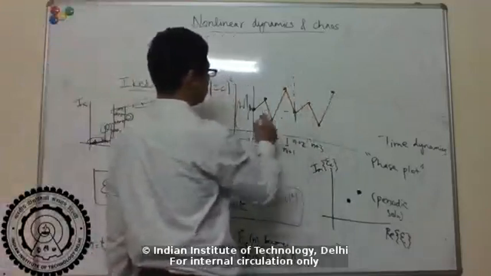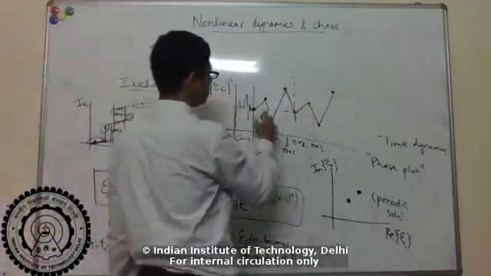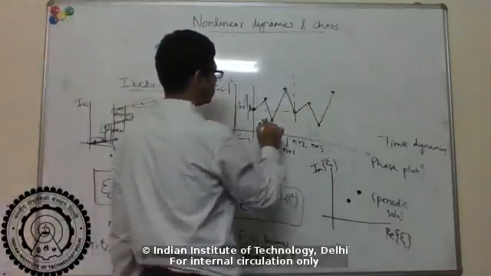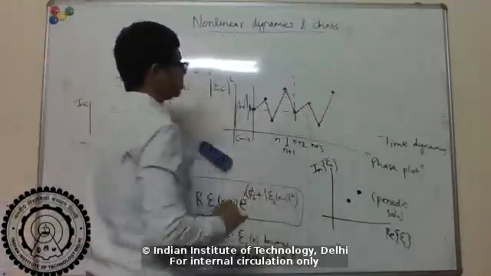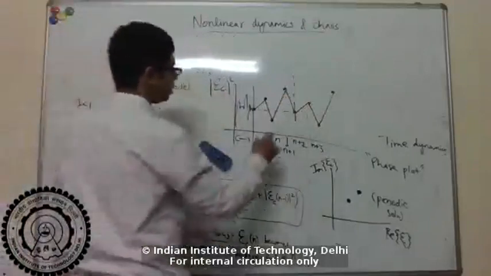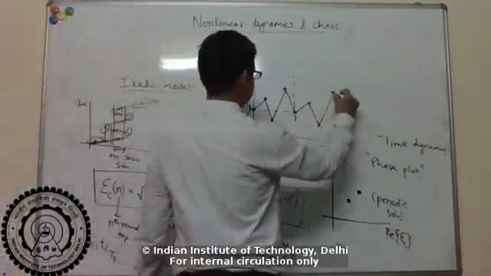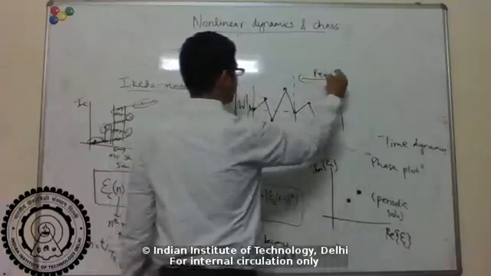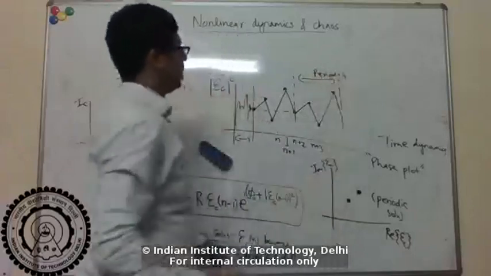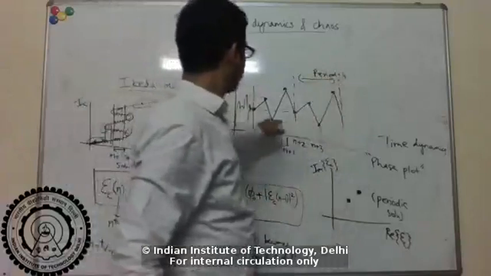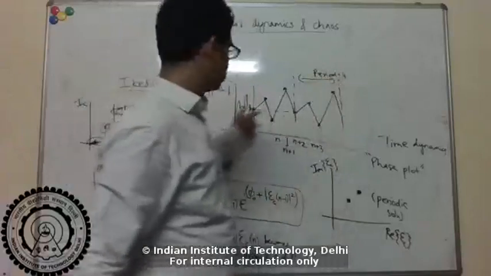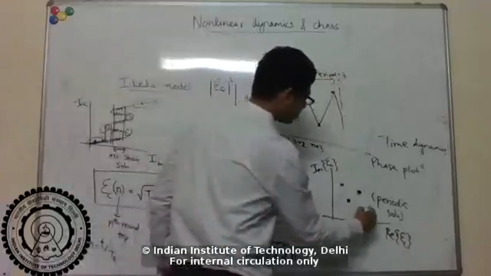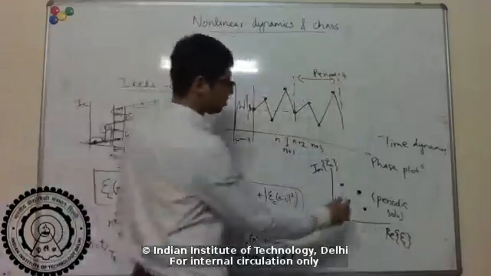So now the period is, instead of 2, now 4, and I have four different values of the output field. So in my phase plot, I have four points, and it will go like this for successive values.